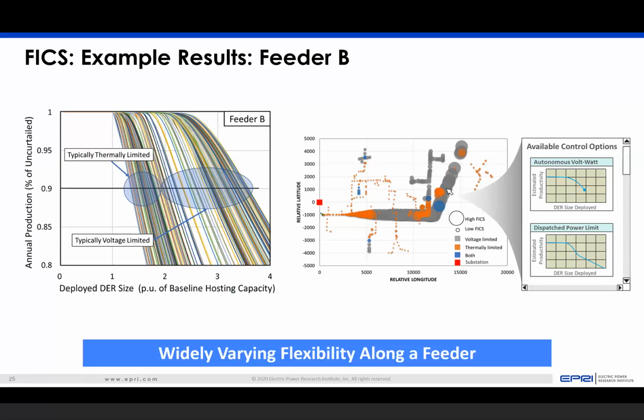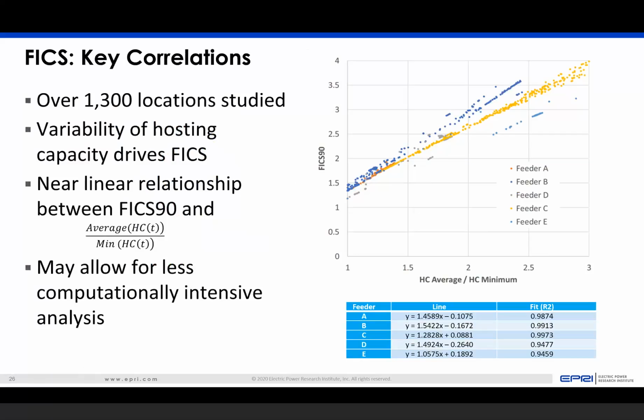Oh, sorry. So we studied over 1,300 locations across those 5 feeders. We saw very, very broad variability across all of those feeders. And what we tried to do is come up with some methods to draw more generalized conclusions here.